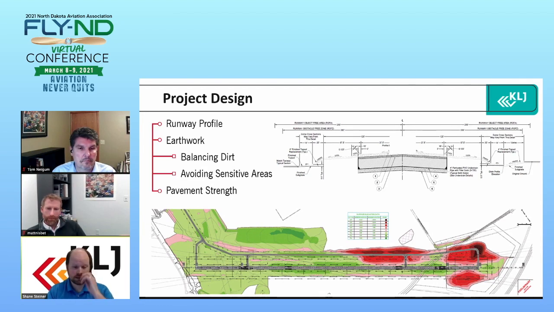One of the more challenging designs, as I mentioned earlier, was tying everything together. After we set the runway profile and added in the pavements, okay, how are we going to build this thing?